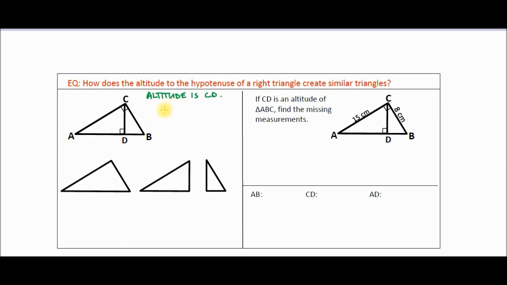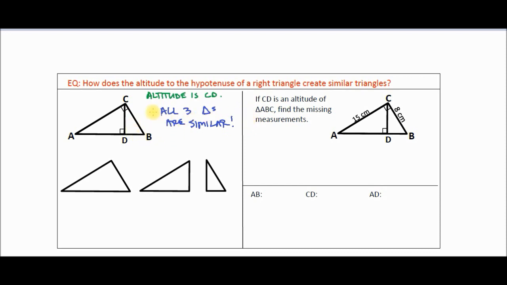So I want to make a note here: all three triangles are similar. And this is an interesting property of right triangles and altitudes drawn touching the hypotenuse.